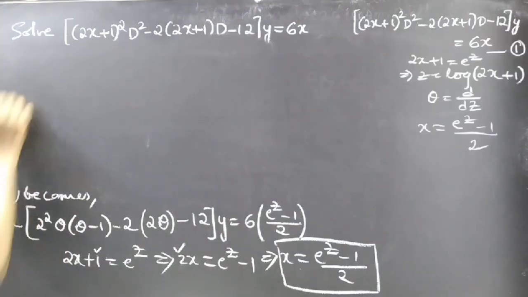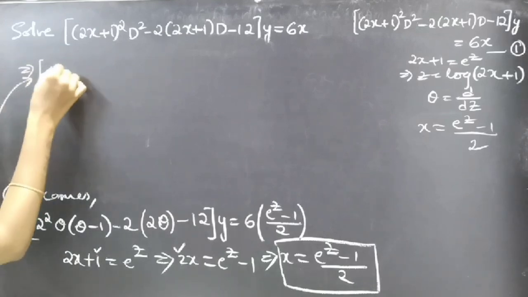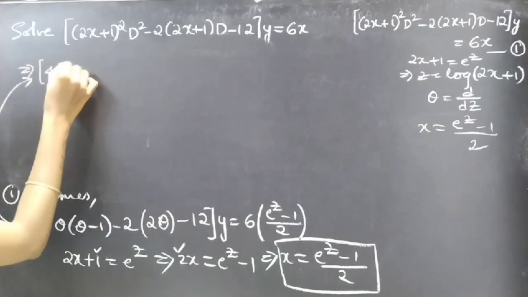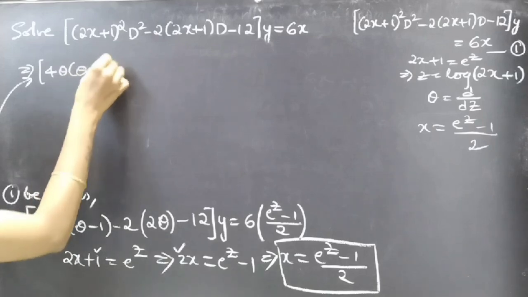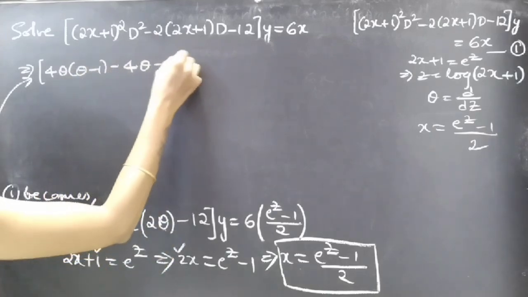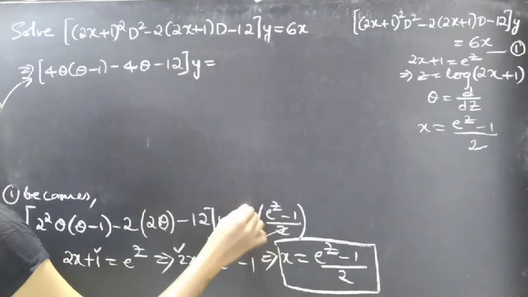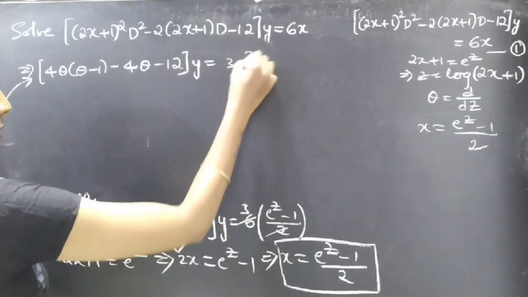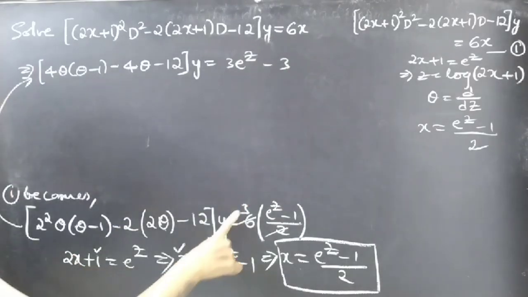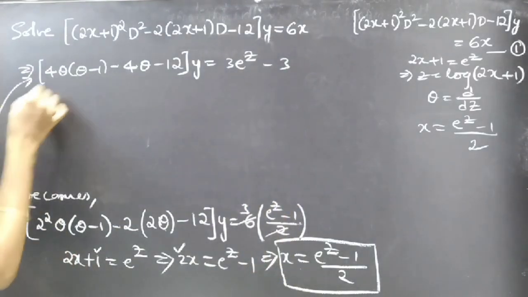Now this equation becomes 2 square is 4 into theta into theta minus 1, minus 2 into 2 theta is 4 theta, minus 12 into y equal to 3 e power z minus 3, right? 3 into e power z is 3 e power z, minus 3 into 1 is 3.